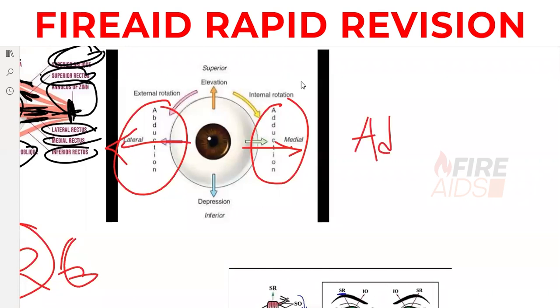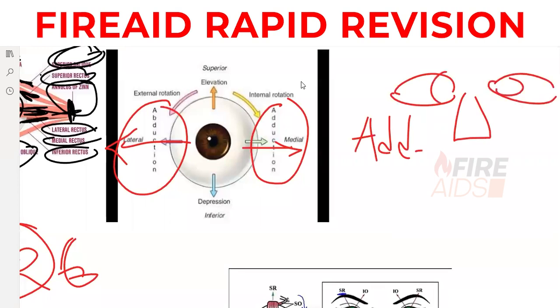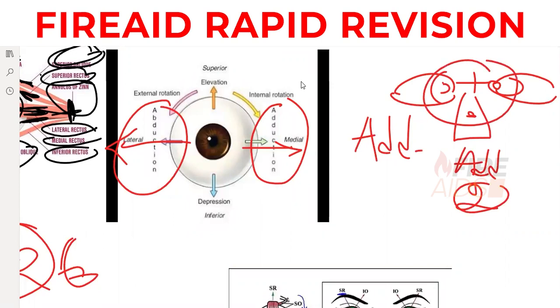You can simply remember: this is the nose, these are the eyes. If the eyes are focusing on the nose, the two join together here, like a plus symbol, so you're going to add. So this is adduction. Am I clear?